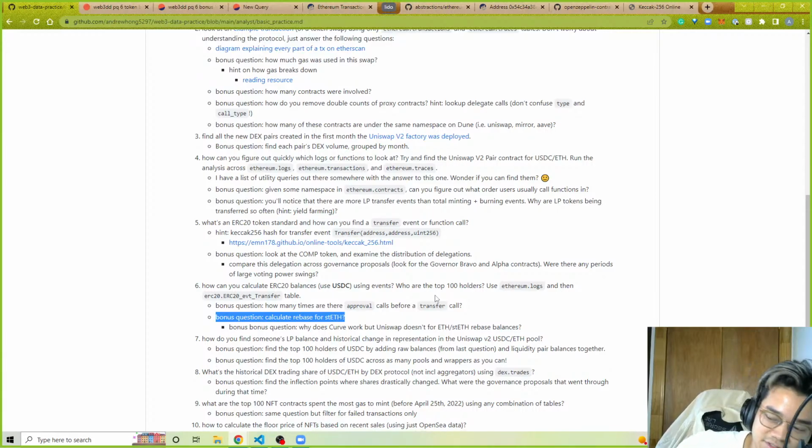Some good examples of this: a lot of protocols have tried token streaming before. So you have protocols like Sablier and Superfluid where you set a stream rate and then it calculates your balance based on how many blocks have passed, right? So if you're streaming 0.0002 USDC per block, it just keeps track of that until the other person wants to spend it, and it basically moves the balance over, right?